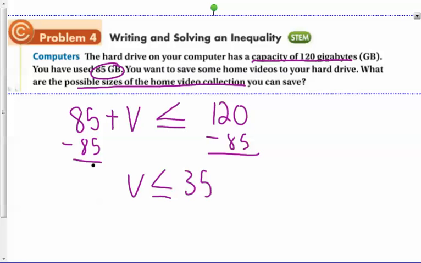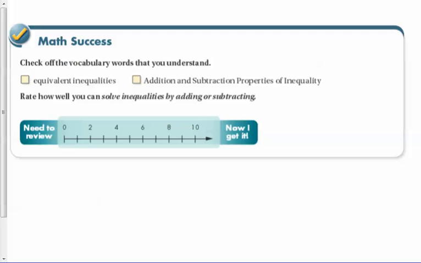So 35 gigs or less is what I can use, because that makes sense. All right, you have a got it for problem number 4. Why don't you go ahead and do that?